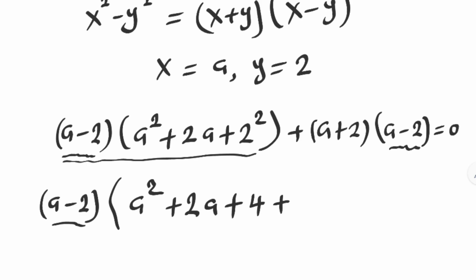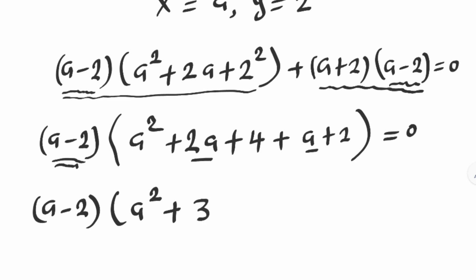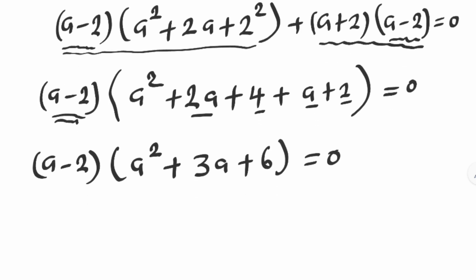Then plus if you divide the whole of this by this, we have a plus 2 is equal to 0. A minus 2 bracket a squared plus 2a plus a, that is 3a, plus 4 plus 2, that is 6, is equal to 0.